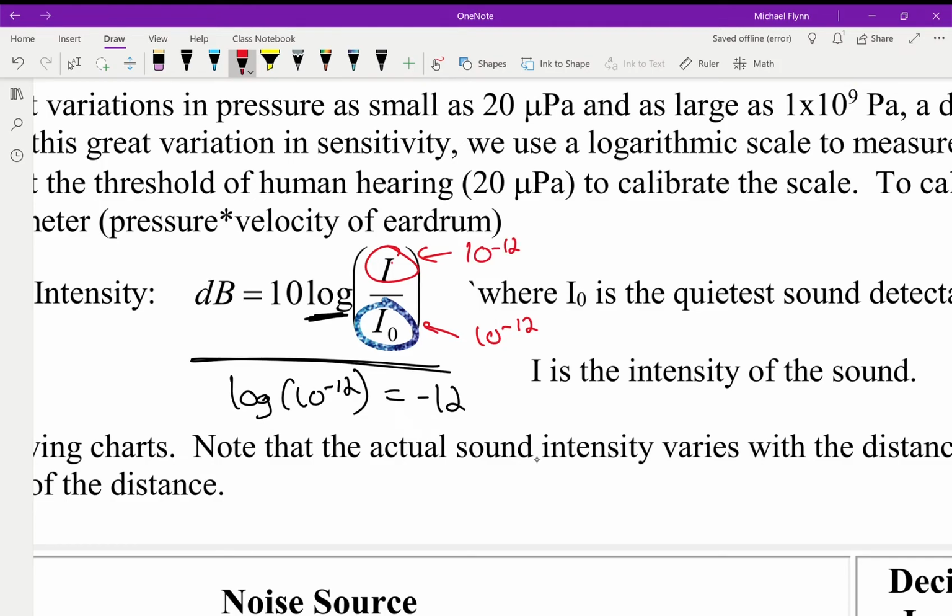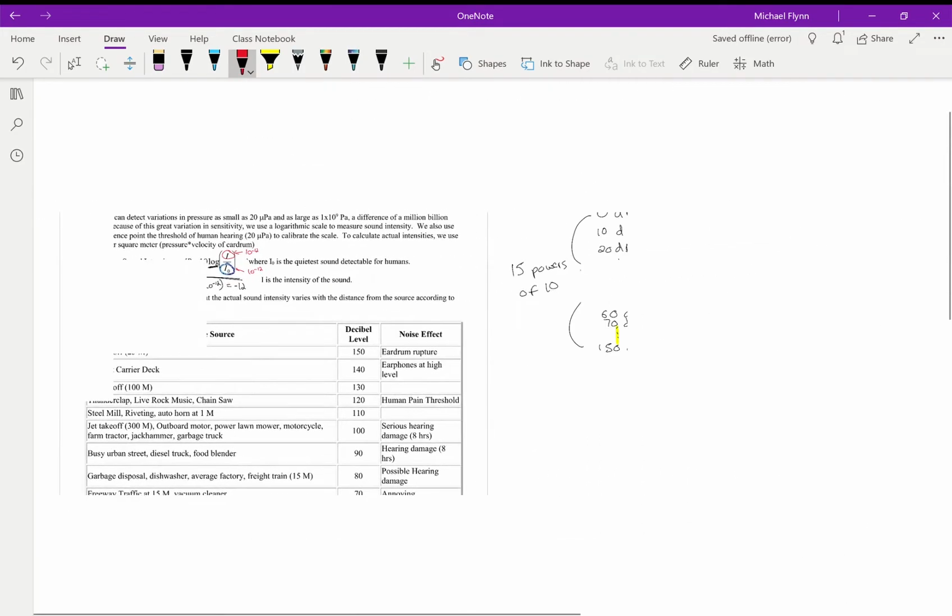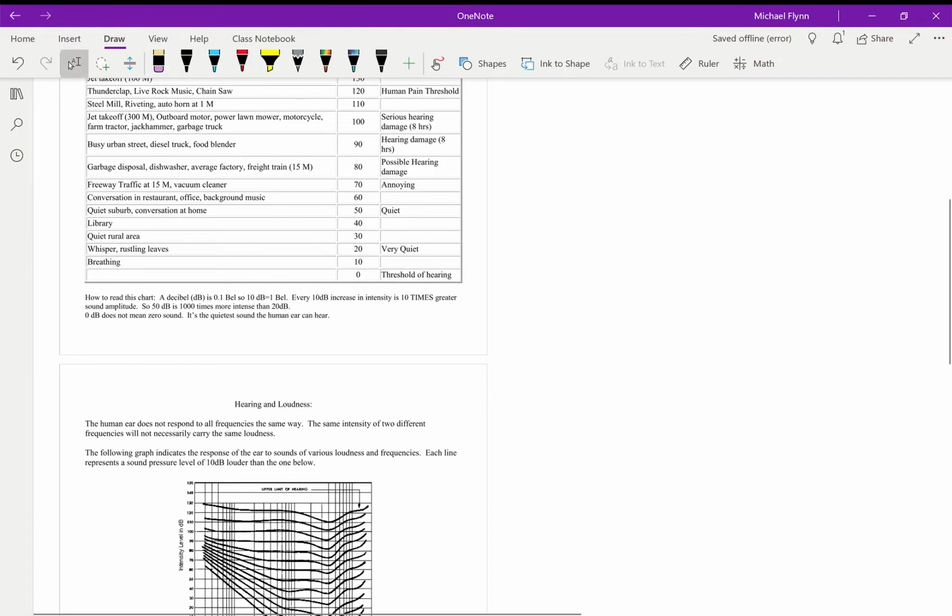A number divided by itself is 1, but the log of 1 is 0, because 10 to the power of 0 equals 1. That's why 0 decibels is 10 to the minus 12. Anyway, you don't need to worry about the equation, because answering the questions is really straightforward.